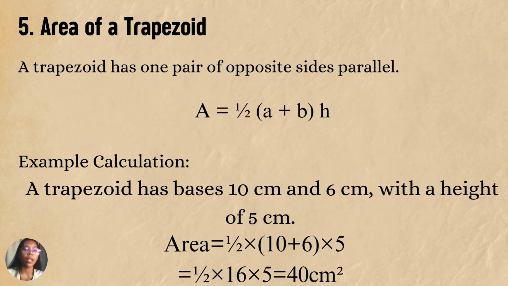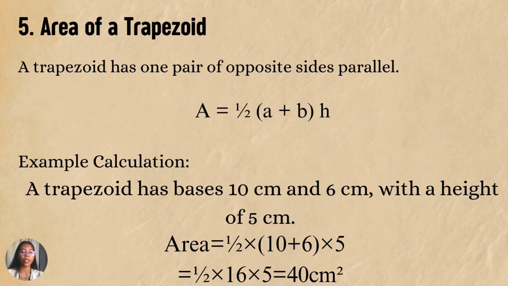Now, the trapezoid. A trapezoid has only one pair of opposite sides parallel. The formula is one half times a plus b times h. For example, a trapezoid has bases 10 cm and 6 cm with a height of 5 cm. Here is the solution.